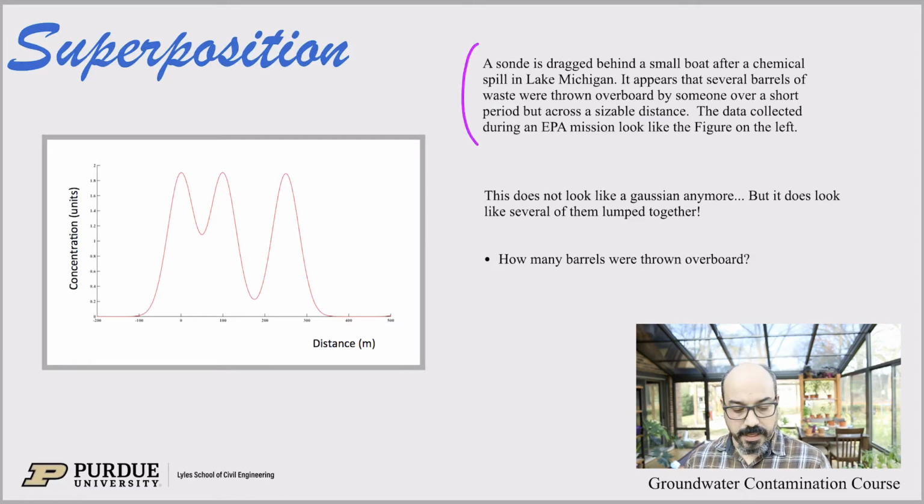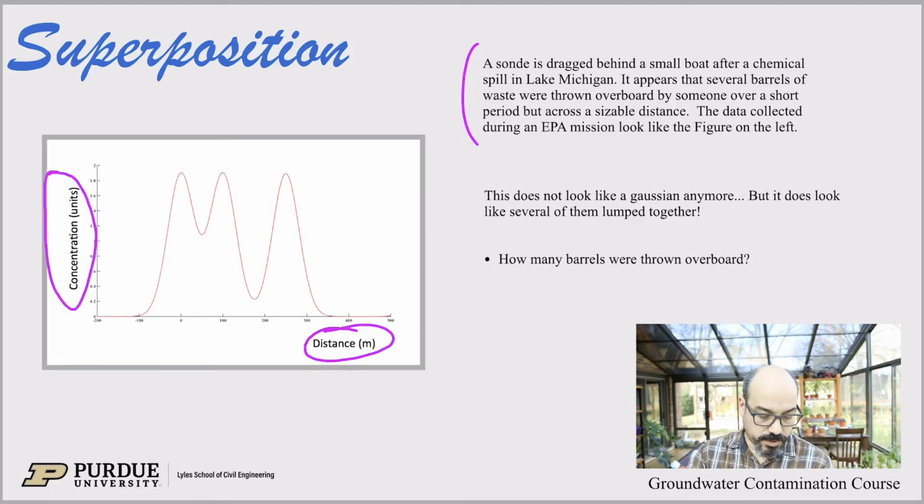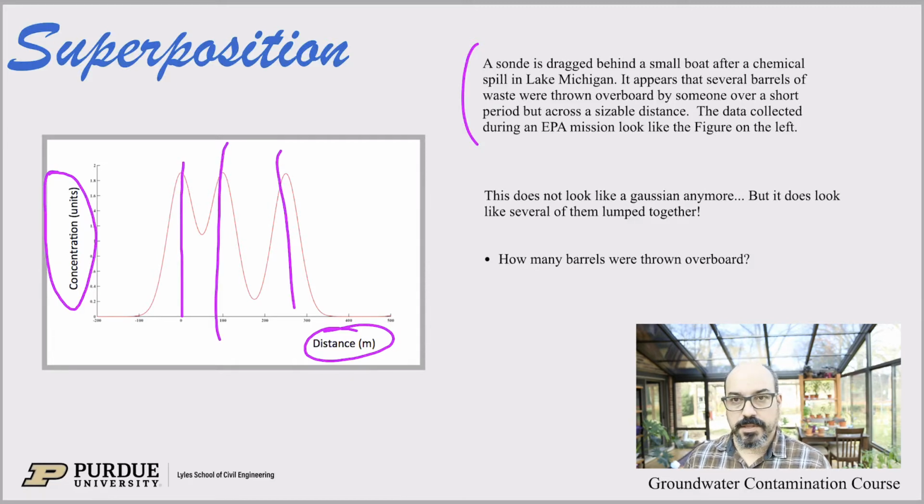If we have a boat going through Lake Michigan or any lake, and we're dragging a sensor that records the concentration of anything in the lake, and we find, again, this is concentration versus space, so this would be a snapshot, concentration versus distance that looks like this, it's pretty obvious how many barrels were thrown overboard. Let's say there are obviously three different pulses, three different things that were thrown at different places in the lake.